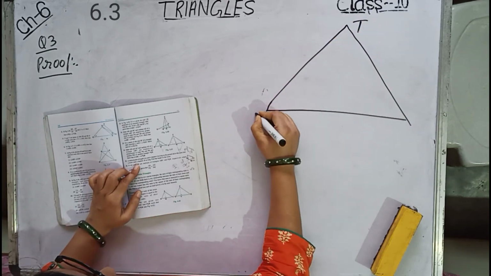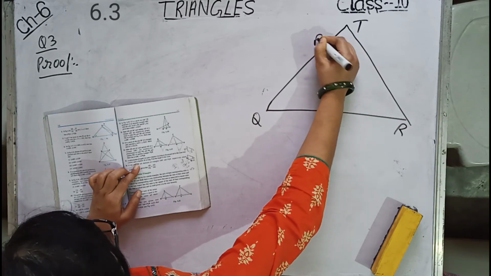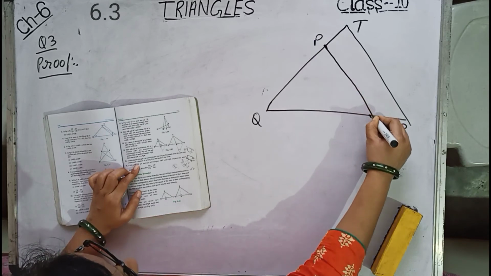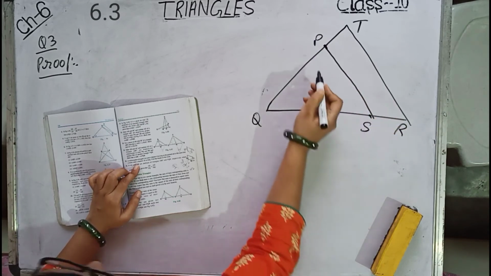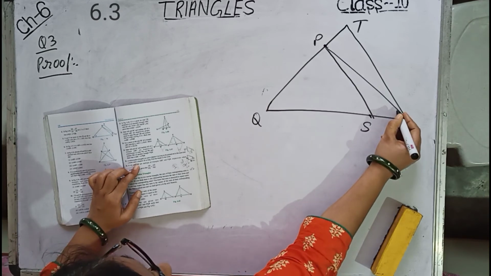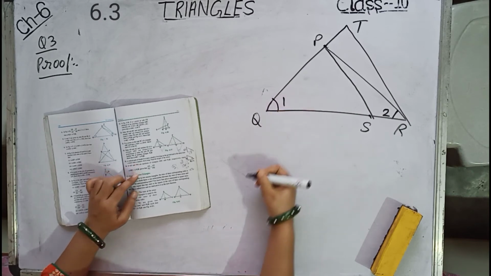T, Q, R. Here it is given P and this one is given as S. It is joined and this also is joined, and then this angle is named 2 and this one 1.